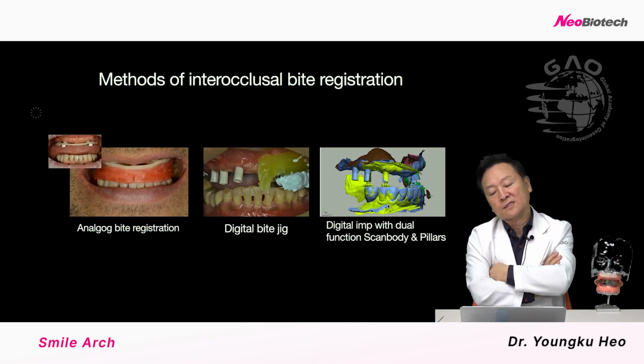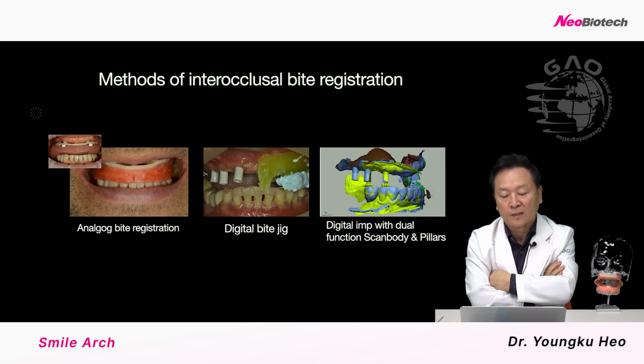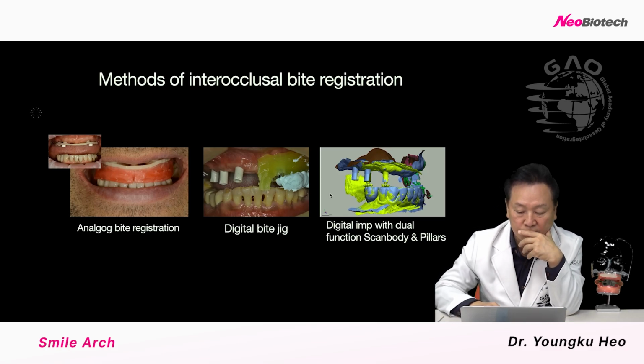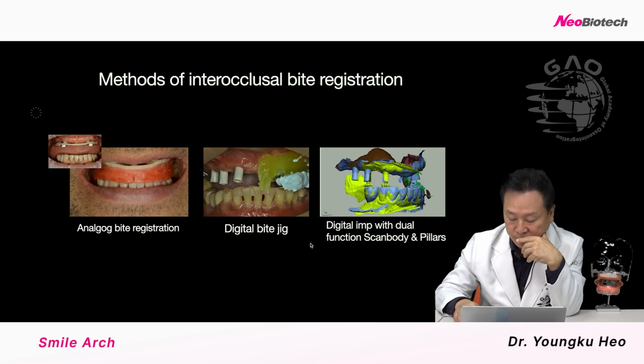But sometimes this is not accurate. It isn't perfectly accurate. So even though there are many ways, still it's not accurate. So we are suffering to get very accurate occlusion.